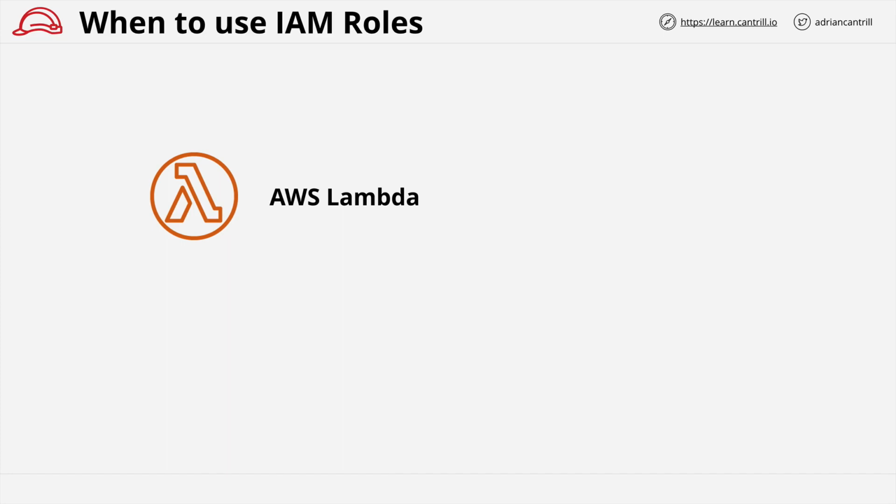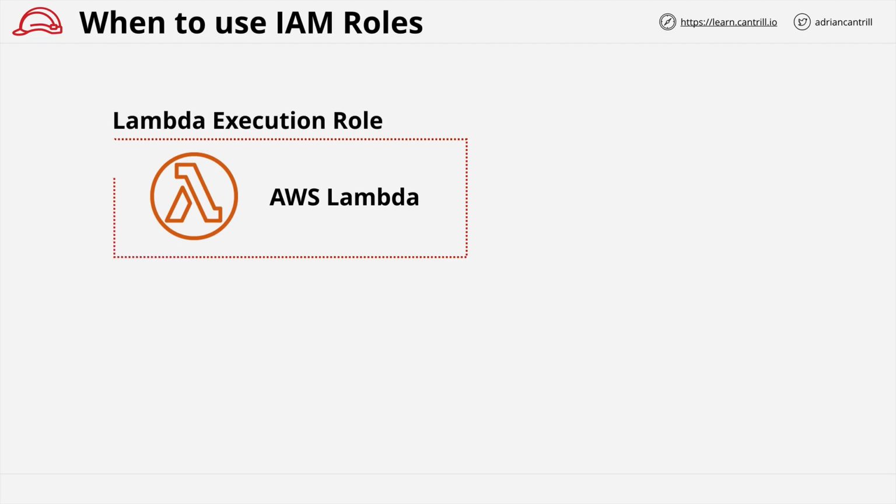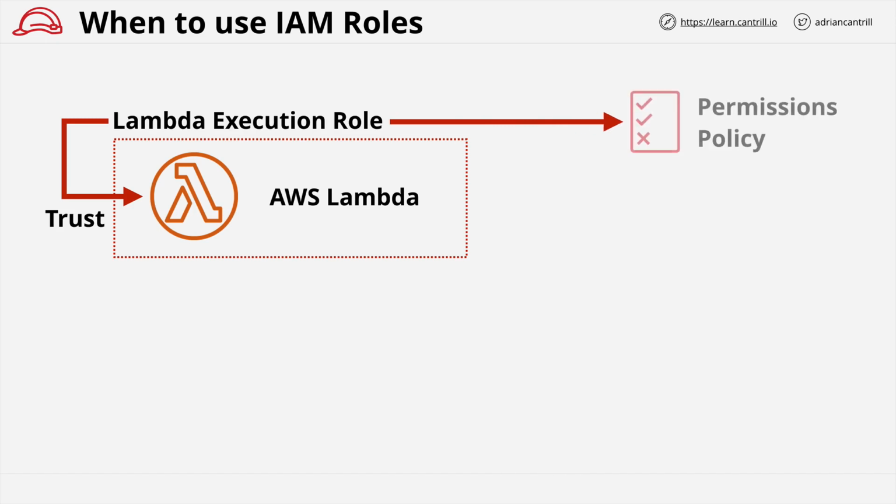To provide these permissions, we can create an IAM role, known as a Lambda execution role. Now, this execution role has a trust policy which trusts the Lambda service, and this means that Lambda is allowed to assume that role whenever a function is executed. This role has a permissions policy which grants access to AWS products and services.